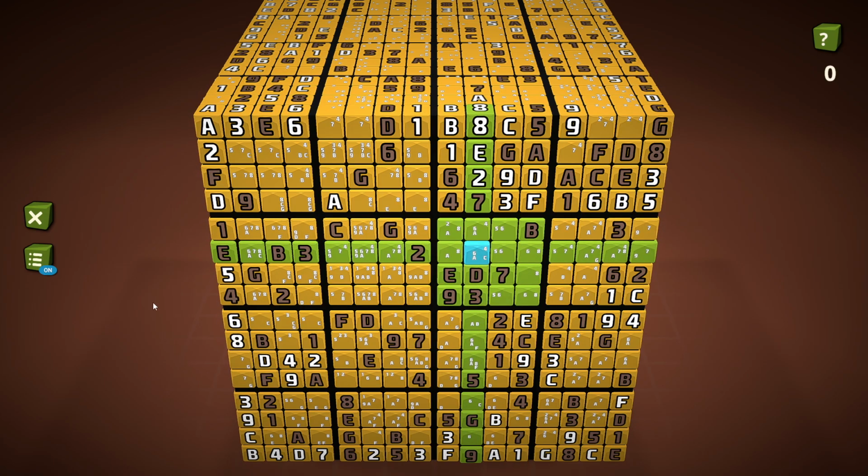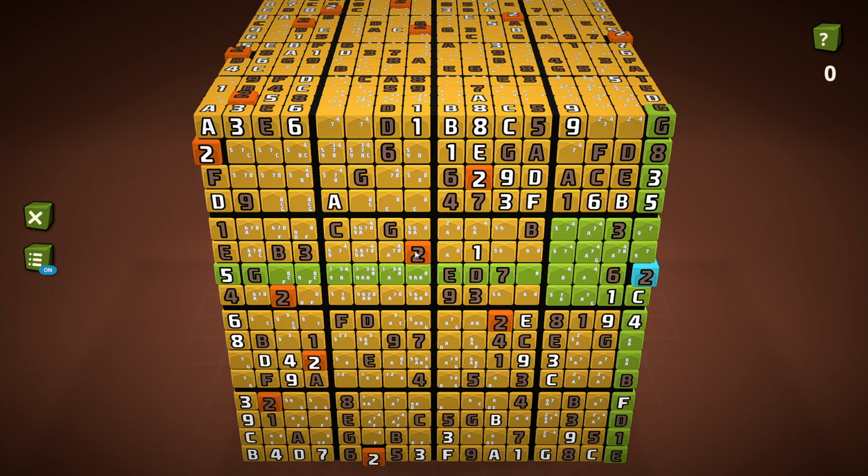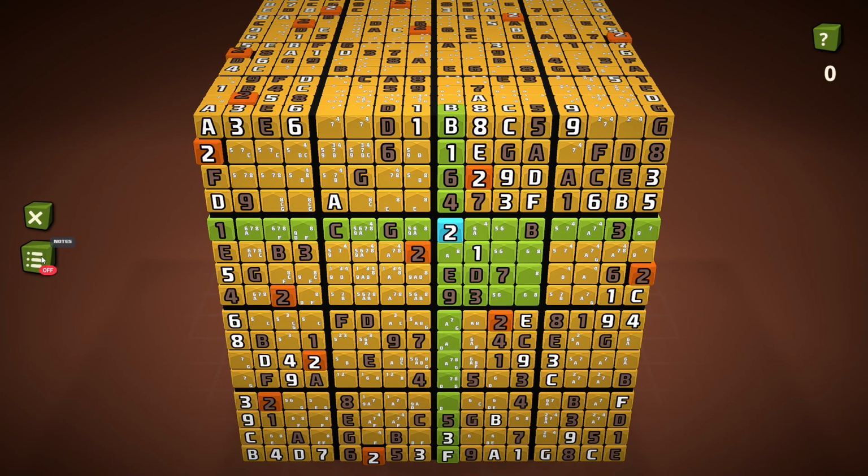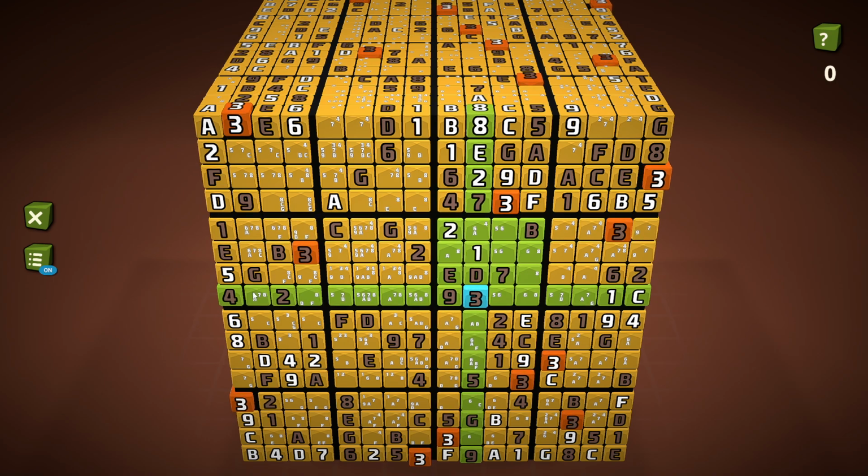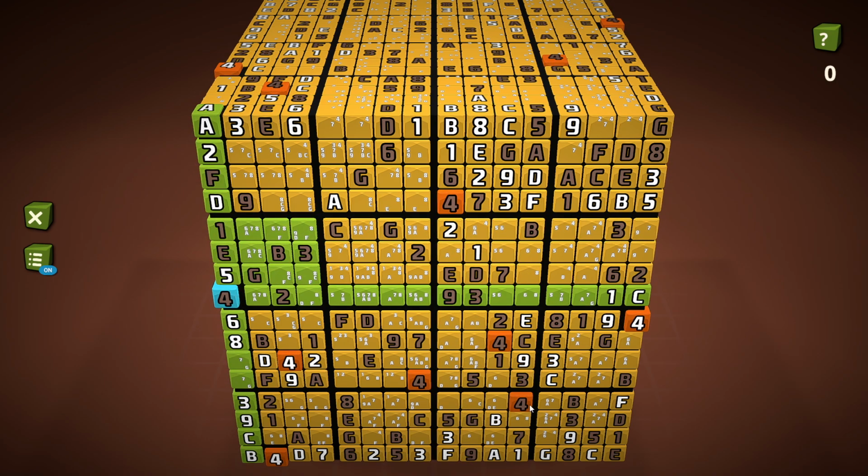Okay, so this one is a 1 then. So, wait, what? 2, 2, 2, 2, 2. So then this one would be a 2. 3 is 3 there. 4 at the bottom. 4, 4, 4.